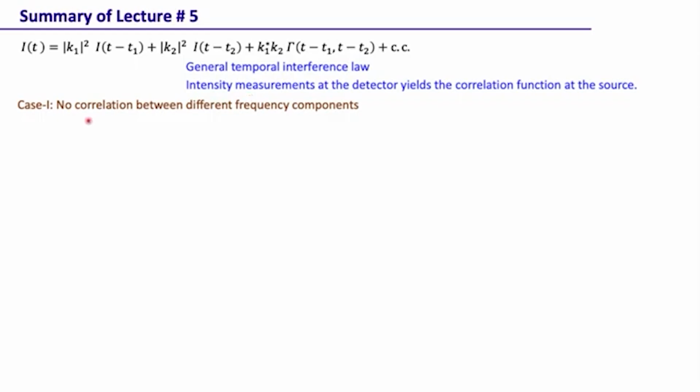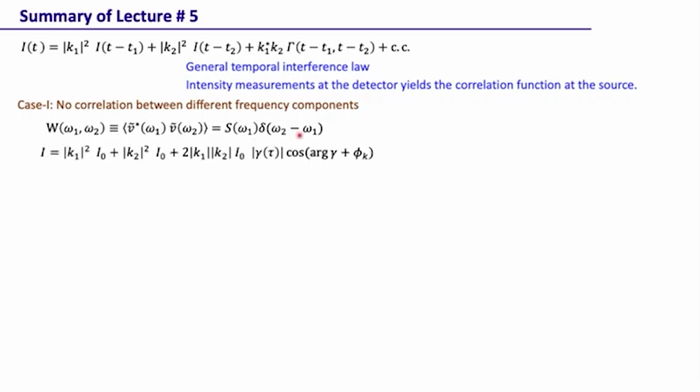Case one was when there is no correlation between different frequency components. Then the cross spectral density function can be written in this manner. This is the definition of the cross spectral density function, and it can be written simply as the spectral density S(omega 1) and the delta function. This delta function ensures that there is correlation only when omega 1 is equal to omega 2, that means the same frequency, but if omega 1 and omega 2 are different, there is no correlation.